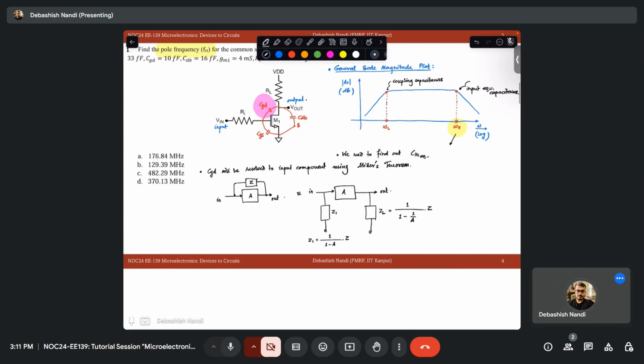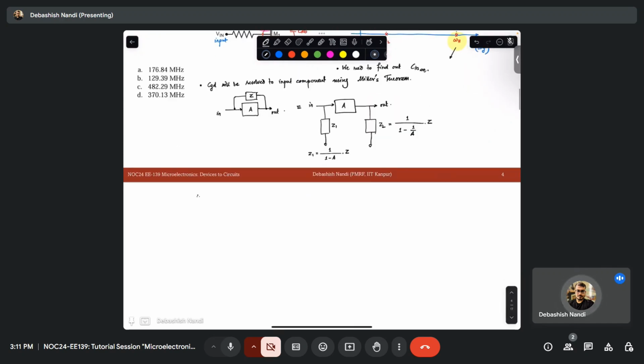Now in our case, Z is equal to 1 over SCGD. So Z1 will be 1 over SC1, equal to 1 over SCGD divided by 1 minus the gain.